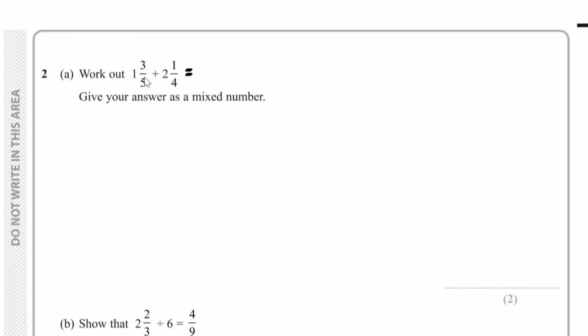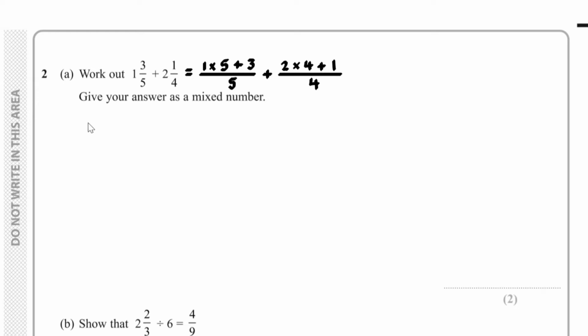So, the 1 3/5, if we convert that into a top-heavy fraction, we've got the 1 times the 5, we add on to this the 3, we divide that by 5. Then we add. Now, the 2 1/4, to convert that into a top-heavy fraction, we've got the 2 times the 4, we add the 1, and then we divide that by 4.